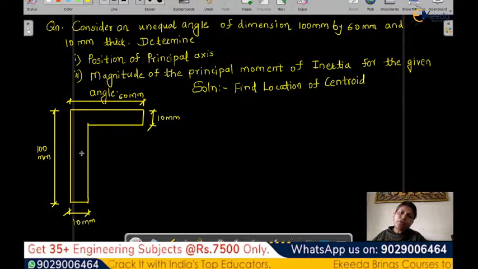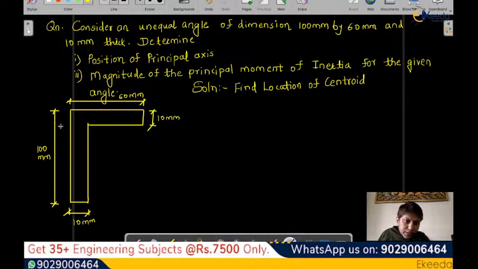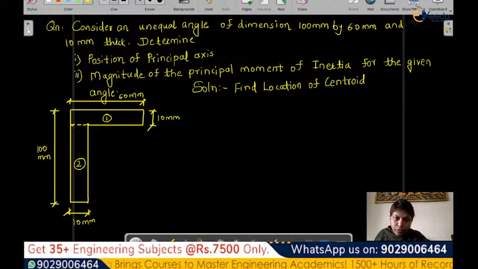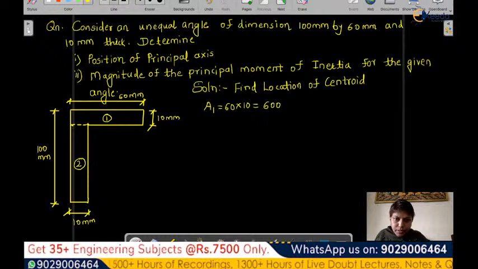First of all, let's divide this particular angle into two parts. Let's call them 1 and 2. Now calculate the areas. Area of the first part, A1, is 60 into 10, which is 600 millimeter square.